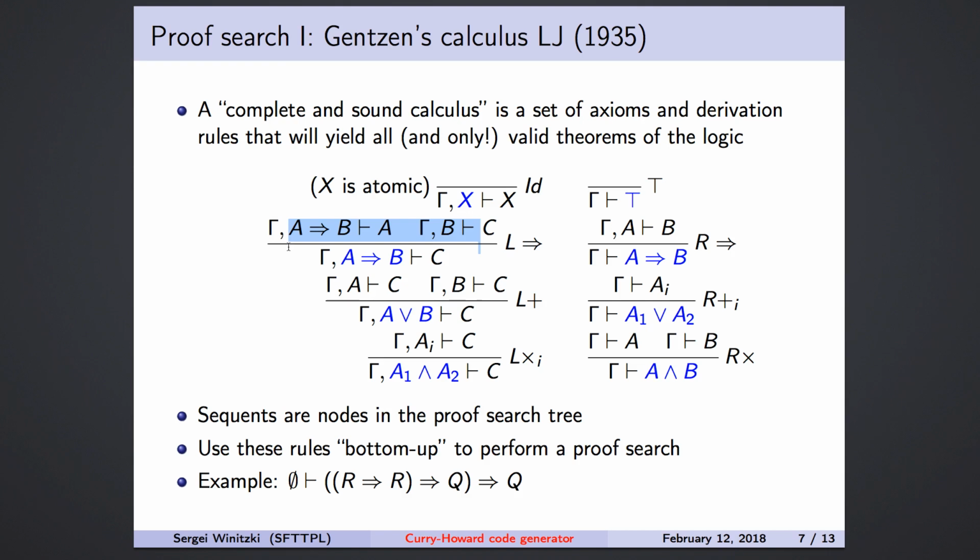Okay. So the question is, my calculus is not recursive. So am I ever going to find Church numerals or things like this? Because Church numerals, or things that can apply a function many times to the same argument, are different proofs of the same proposition, or different codes that have the same type.